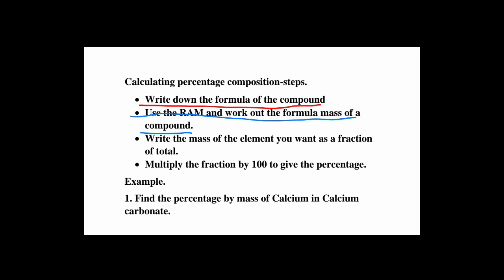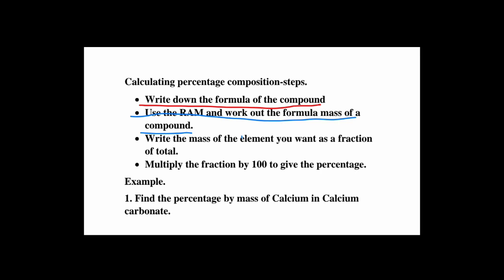But when we say relative formula mass, the procedure is just the same. You remember, guys, what we are doing in class? The procedure is going to be the same, only that we are not going to put units at the end of our calculation. But when we are talking about molar mass, we are talking about the mass of 1 mole of a given compound. Therefore, we are supposed to put units.